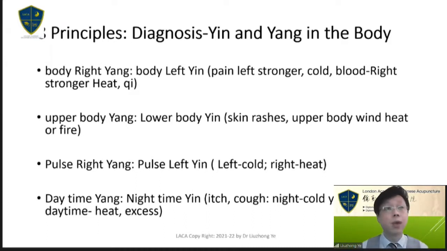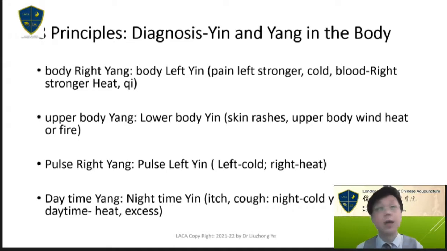Or, for example, both floating pulses showing more strongly superficially on the left quite often indicate this is a cold type of external attack invasion. And if it's more on the right side, that could indicate a certain type of heat nature.